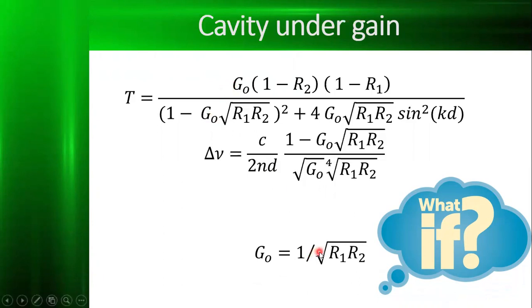If G equals 1 over root R1 R2, then this will simply be equal to 1. You will have 1 minus 1, which is equal to 0. Again, you can get rid of this term if you put the maximum condition, I mean that KD equals q pi, so this term will be 0. Then this transmission will reach infinity. You have a denominator equal to 0.